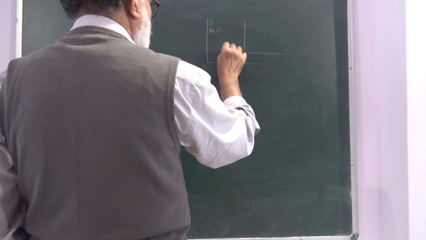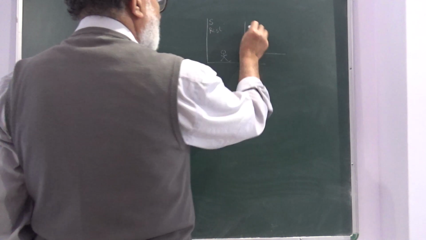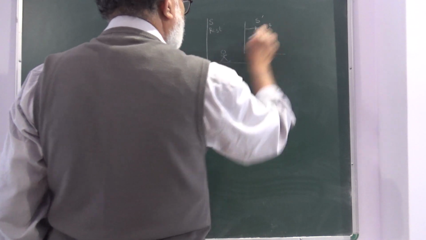Suppose the observer is here, so for him this is at rest, and this one is moving with say velocity v.